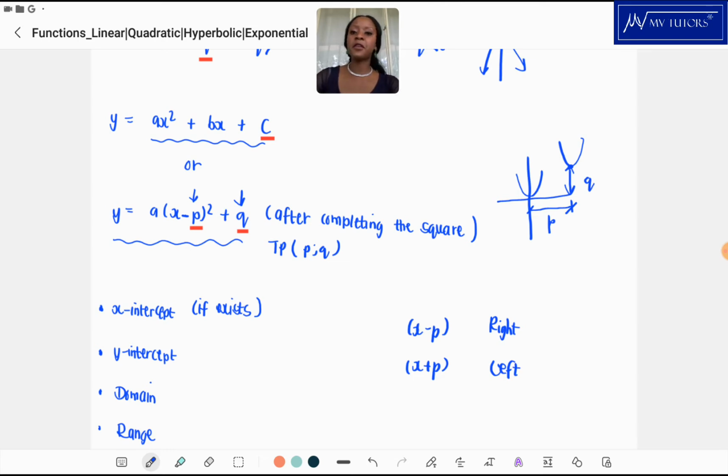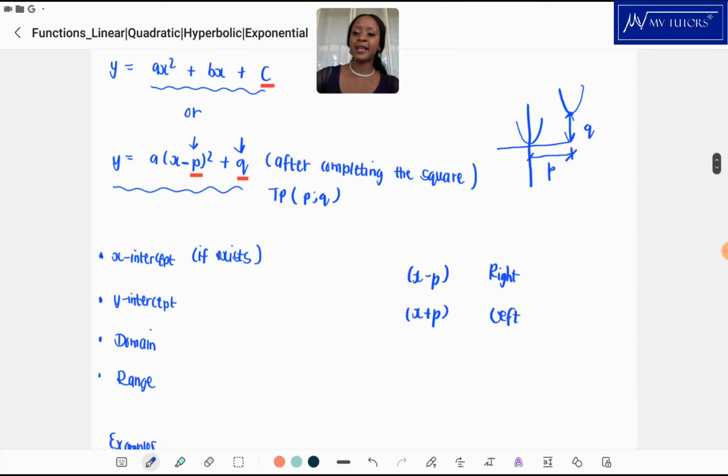Well, if you take x minus P and make it equal to 0, or you have x plus P equal to 0, then you would see that x is equal to P, which is positive, and here you would see that x is equal to negative P.